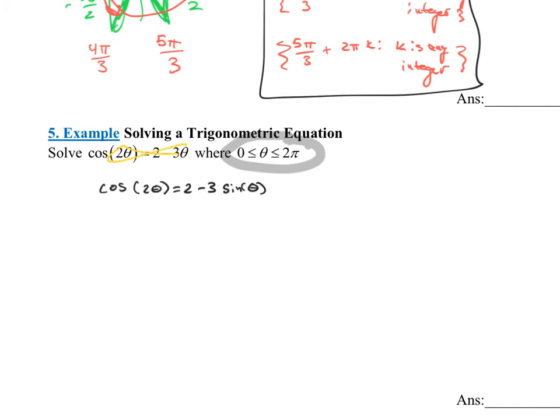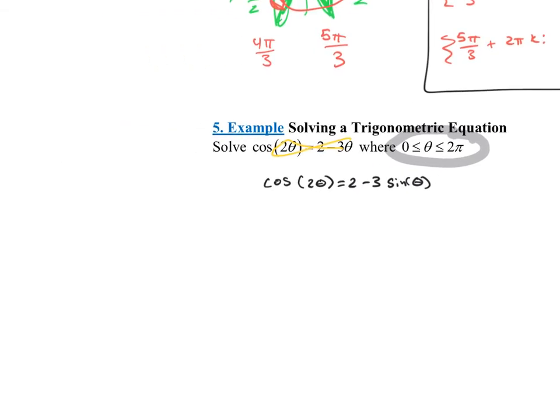So what I also want you to remember is the double angle formulas. Cosine of 2 theta had a bunch of different double angle formulas. Let me write this down. But in particular, what we want is either all sines or all cosines in this case. So cosine of 2 theta, one of the double angle formulas was 1 minus 2 sine squared of theta.